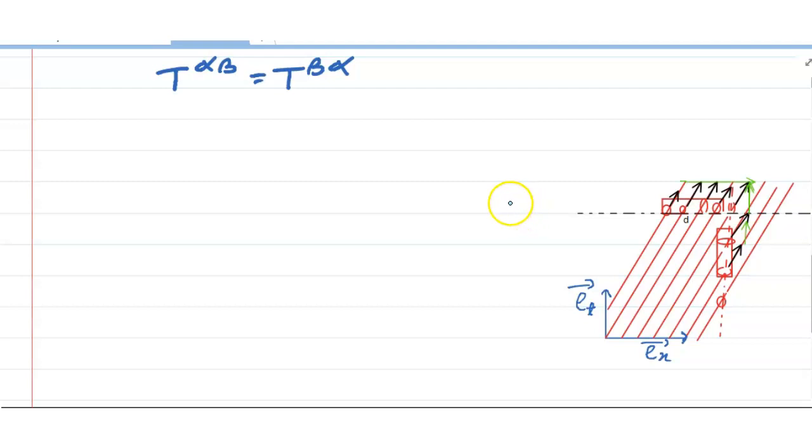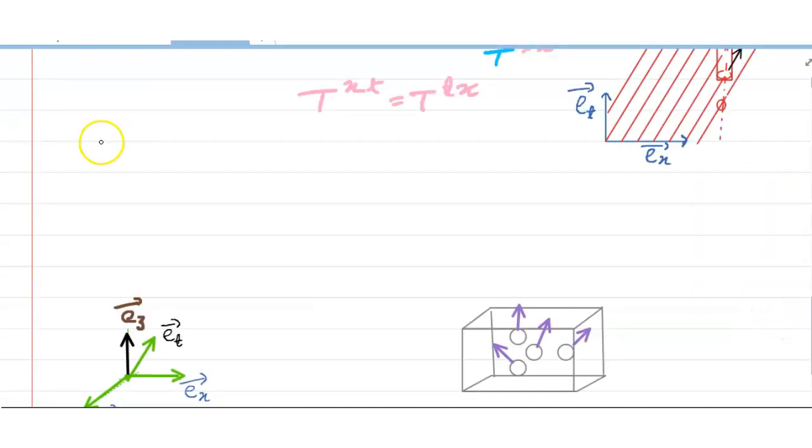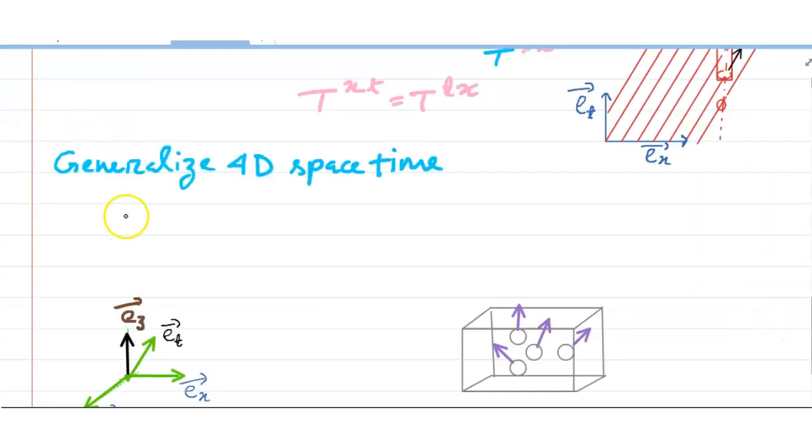Here you get T xt and T tx, and after that in this diagram you see that T xt equals T tx.